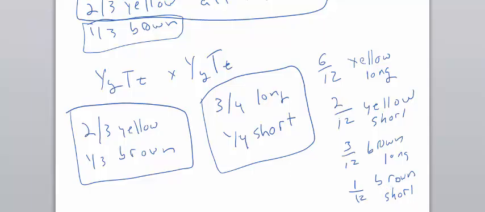6:2:3:1. Now that's not something that you should memorize necessarily. You just figure it out. You know, we could put a third gene here, some eye color thing maybe, and then we can figure out how many of them. We'd have 3/4, 1/4 for this gene. So you don't need to memorize all the different ratios. You just figure out what's going on with one gene, figure out what's going on with the other gene, and multiply those together.